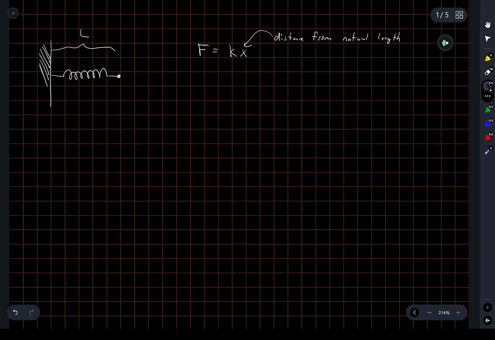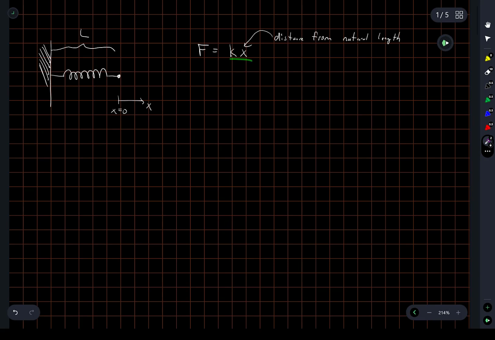Okay, so I'm going to set up a coordinate system here. I'm going to say that when the spring is sitting at its natural length, our x-axis is going to go this way, and this point here is x equals 0. And so the 2 points that we're concerned with are when x is equal to 10 and when x is equal to 20, because that'll correspond to moving the spring from a length of 20 to 30 and then again from 30 up to 40.